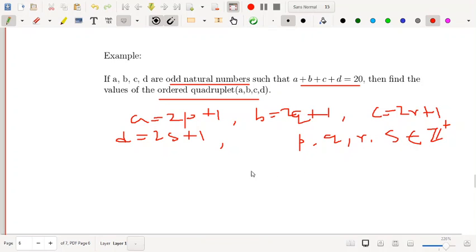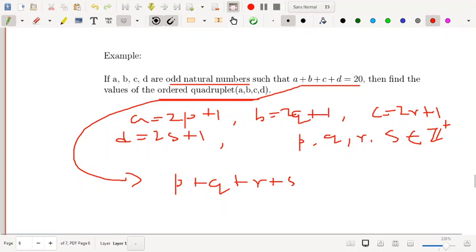Okay, so if you substitute the values of a, b, c, d in this equation and simplify, you will get p plus q plus r plus s equal to 8. So find the number of non-negative integral solutions of this equation.